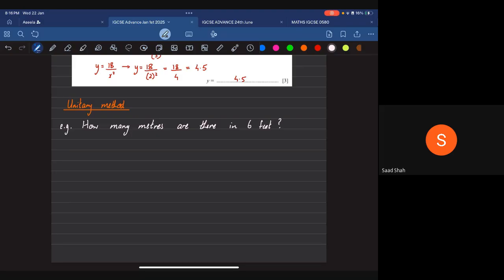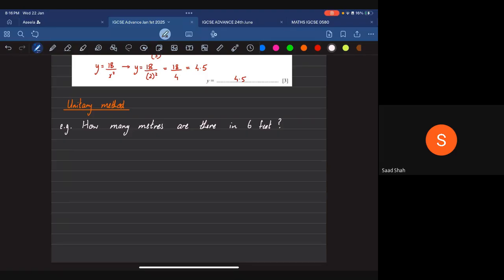Now, this question is given to you, but one thing is that for questions which involve solving through the unitary method, they're already going to give you some sort of a relationship that is going to be provided to you.